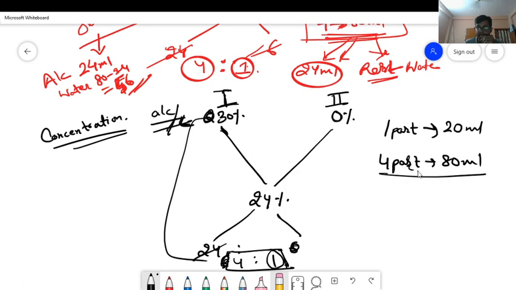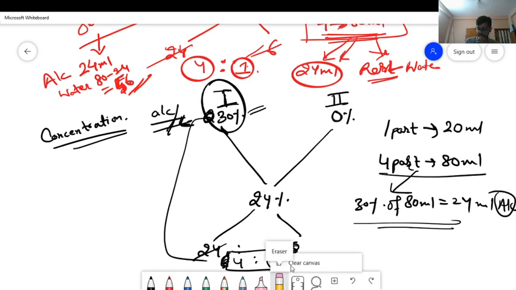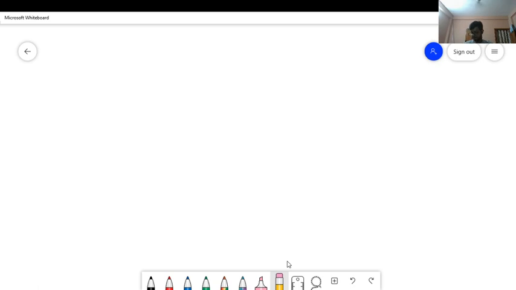And as it has been given that 30% was the concentration of the first mixture, we can find that 30% of 80 ml is equal to 24 ml of alcohol. This is the order you will go in. Is it clear? Okay. Now let's move ahead.